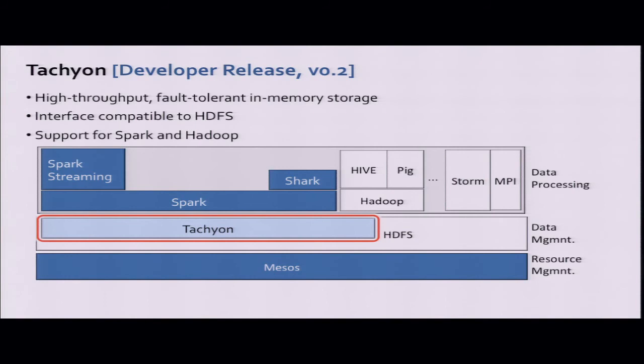So you have duplication there. Tachyon takes these RDDs out of Spark and provides a storage abstraction as a service which can be shared between different cluster computing frameworks. It's like the shared memory on your computer, which can be shared by many applications. That's what it gives you.